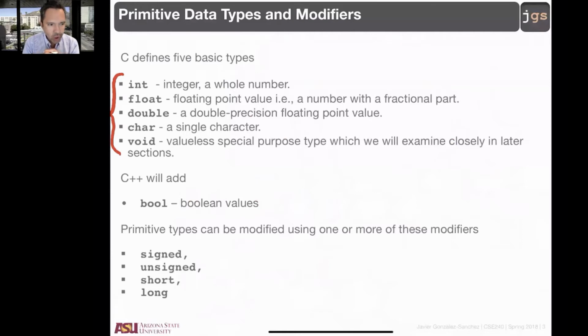Those are the only data types that you have in C. In C++, they add one more, Boolean. But it's not going to be Boolean, it's going to be bool. Like int.